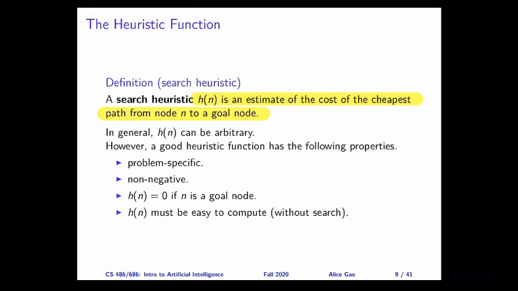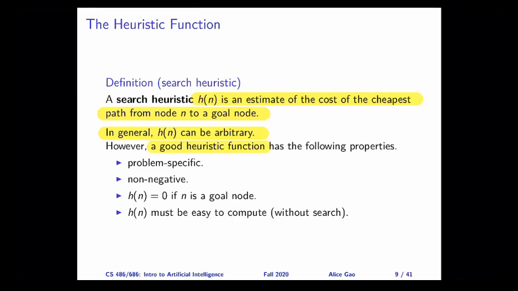What the heuristic function is doing reflects our goal as well, which is to find the optimal solution or the cheapest path from the start node to any goal state. In general, the heuristic function can be arbitrary. However, for a heuristic function to be helpful for our search, it usually has the following properties.